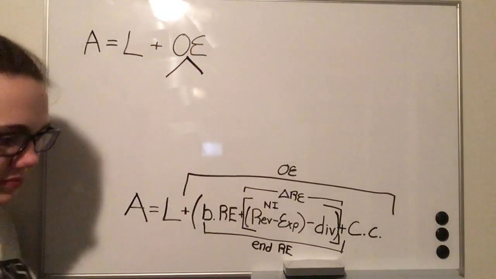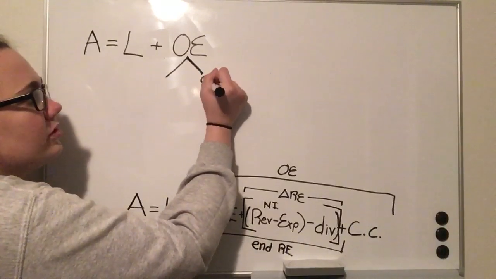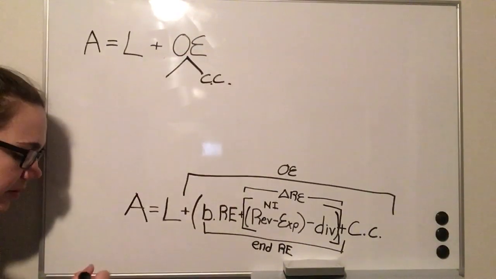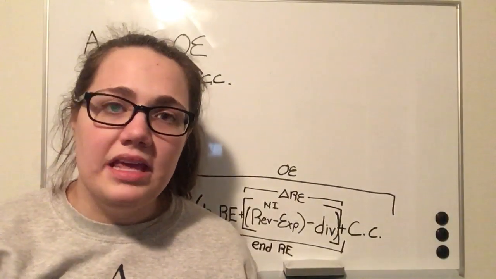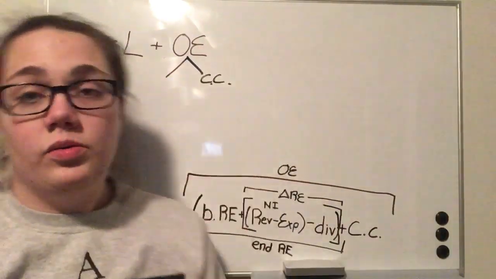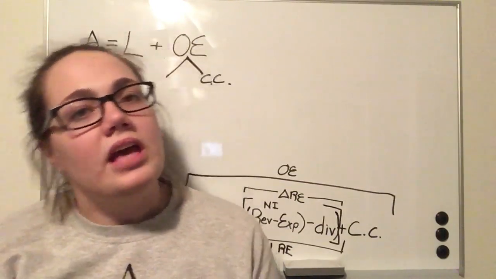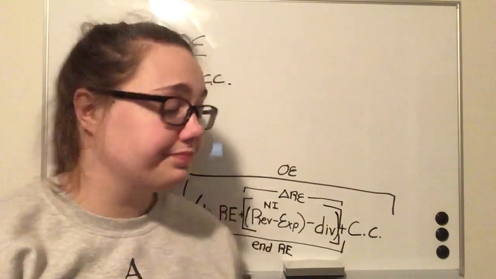It's really important, for example, to remember that contributed capital doesn't come into play until owner's equity. I don't care about what the owner puts into the company until owner's equity, because retained earnings is all about how the company is operating, what they're giving their shareholders, things like that.